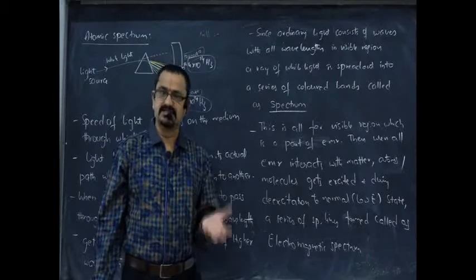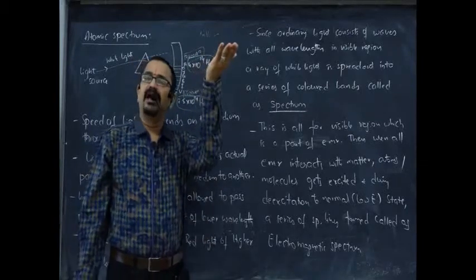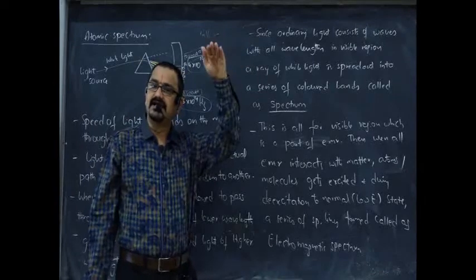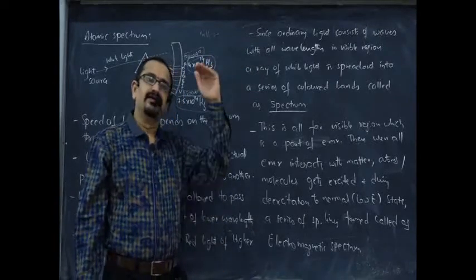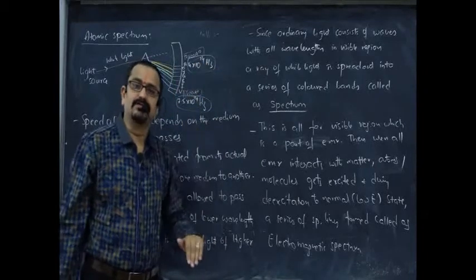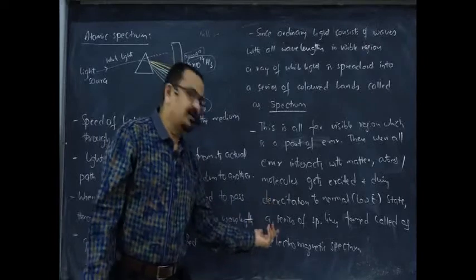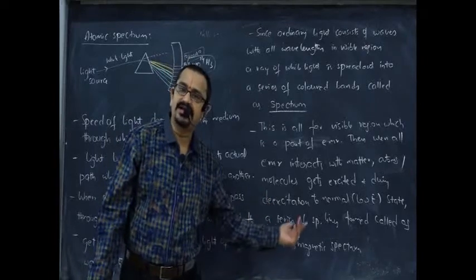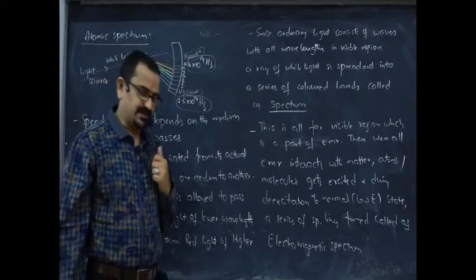Atoms and molecules will start absorbing energy and jump to the excited state. As they are unstable in the excited state, they will try to come back to their normal or low energy state. While coming back, whatever energy is released will be given out in the form of electromagnetic spectrum. So that's the complete definition of electromagnetic spectrum.